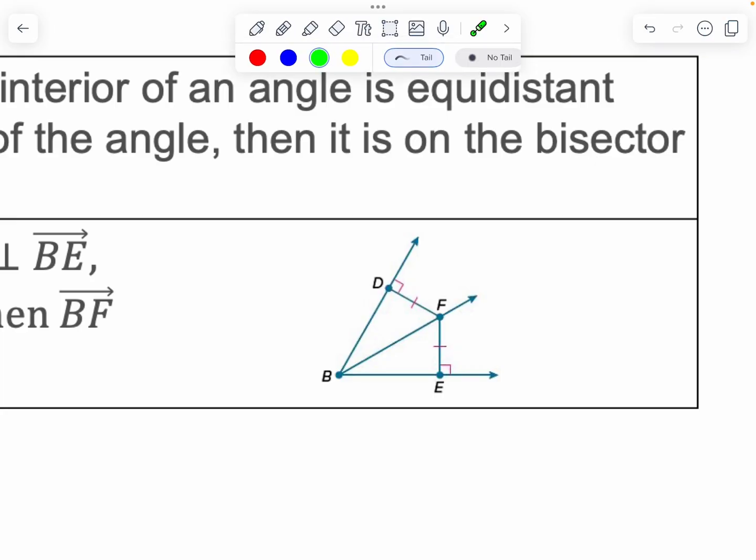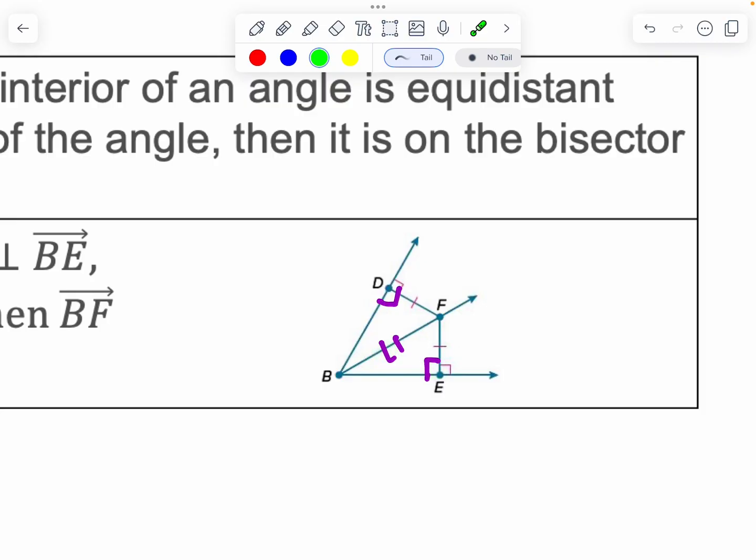Notice I've got FD and FE, they're congruent, and I've got a right angle. And I always like to include my angle on the inside here. And just like on the last problem, BF is congruent to itself. So I've got a right triangle, I've got hypotenuse leg.